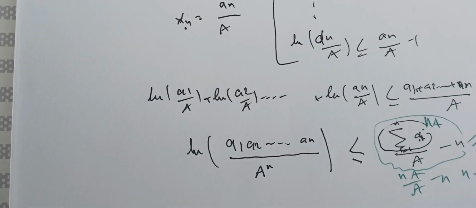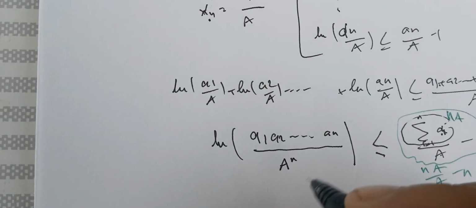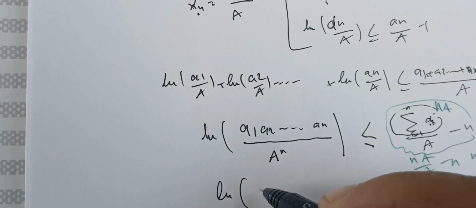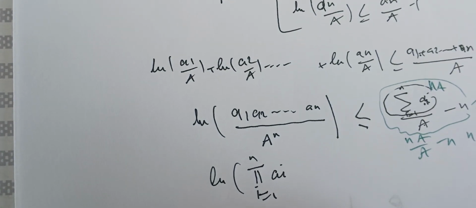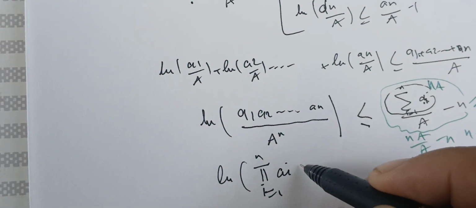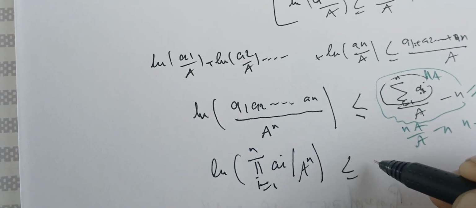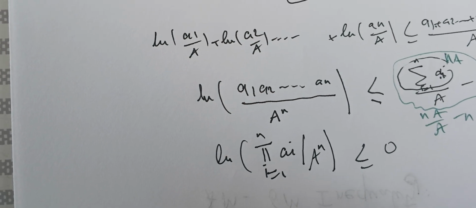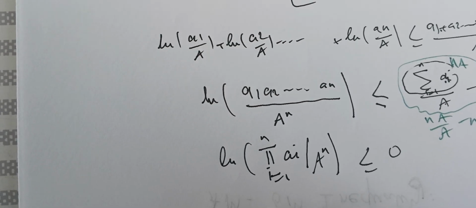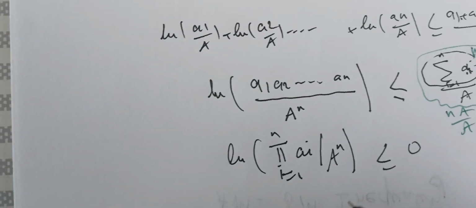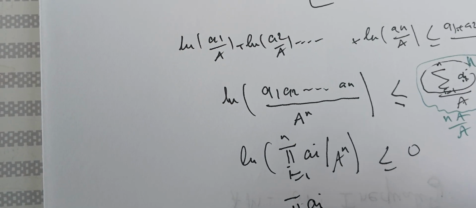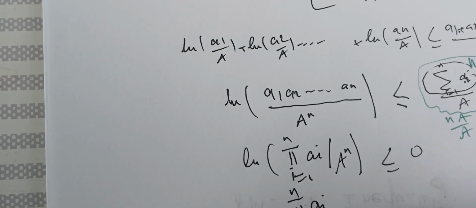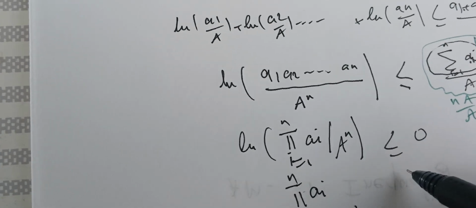And therefore I have the natural log of the product. Let me use the compact notation here. The product of Ai over A to the power n is less than 0. Now I can use the exponential, and write this one as the product over A to the power n is less than the exponential of 0, which is 1.